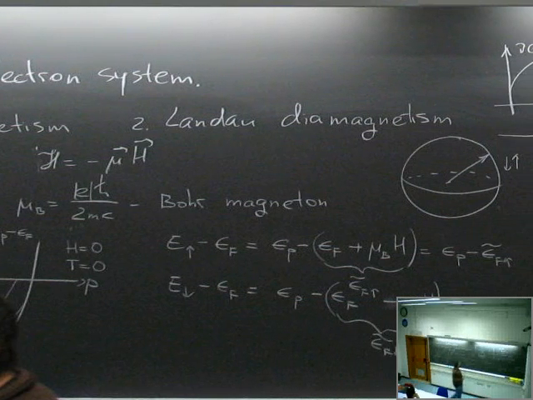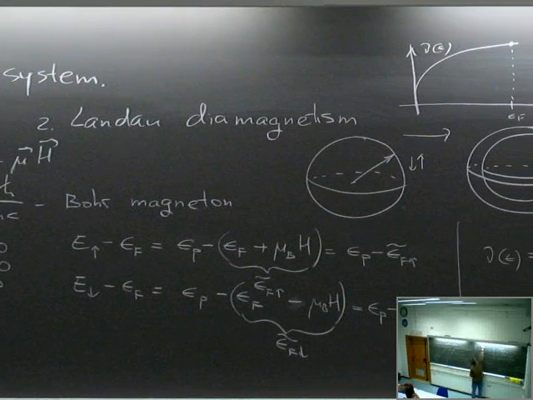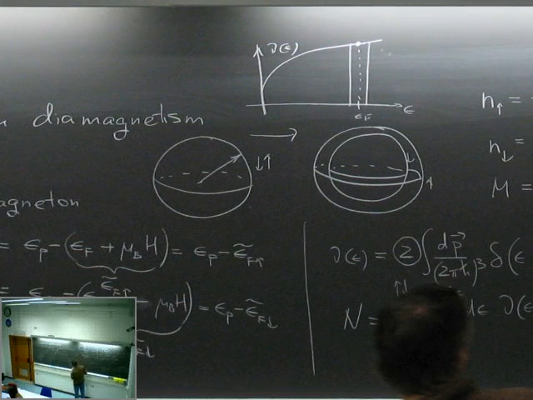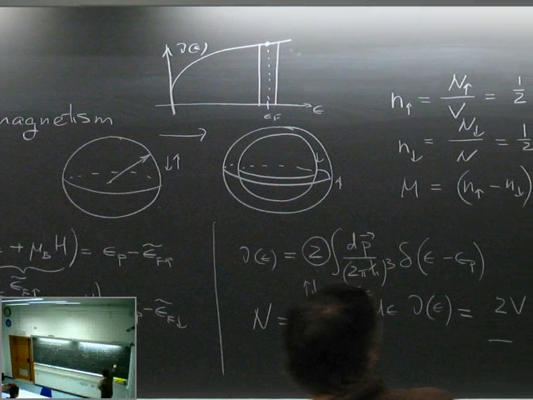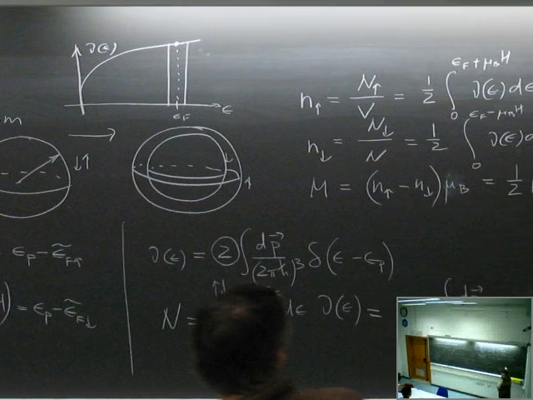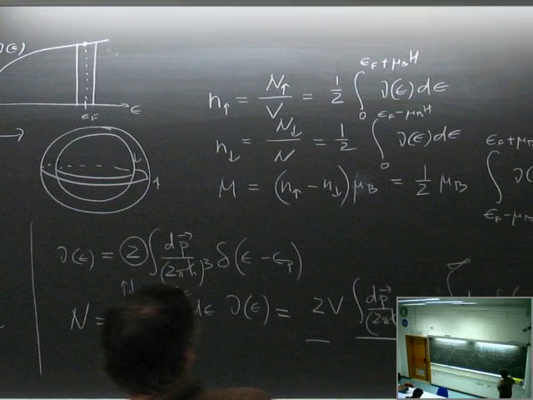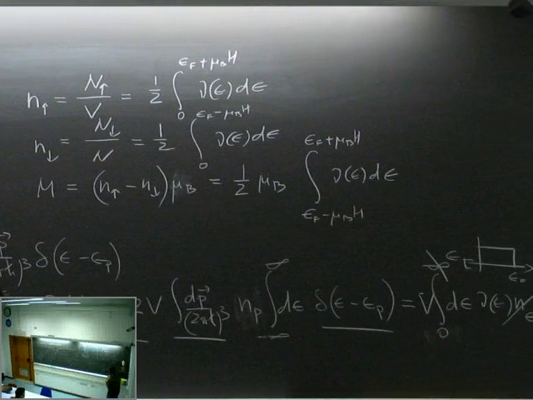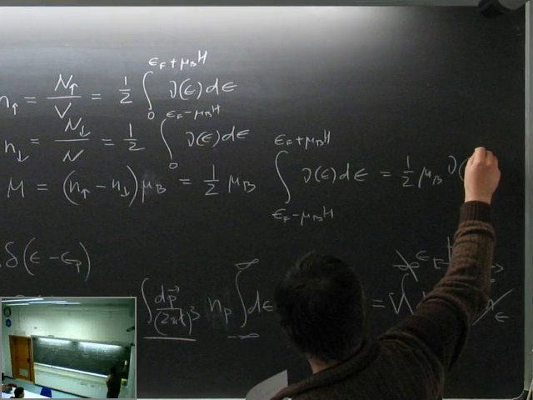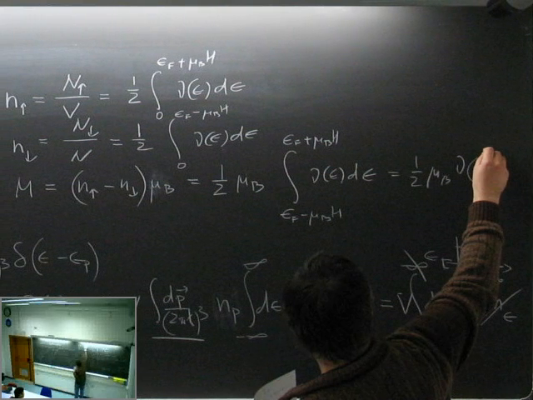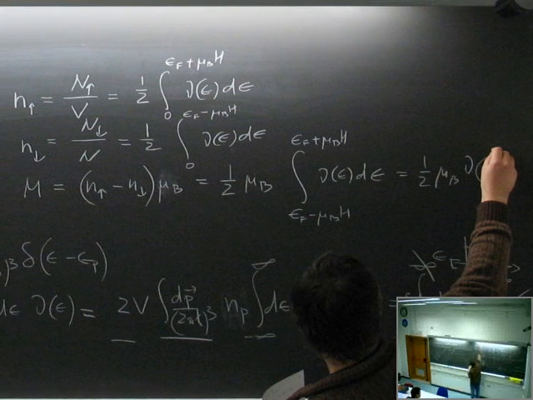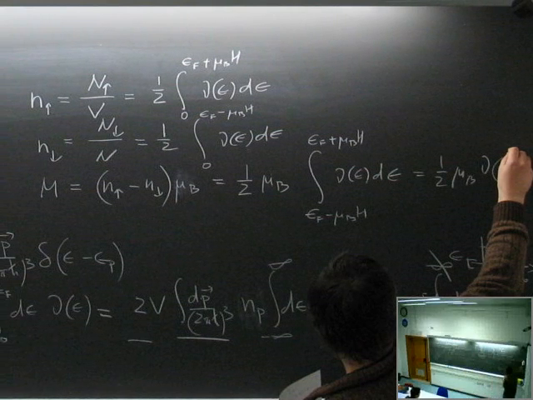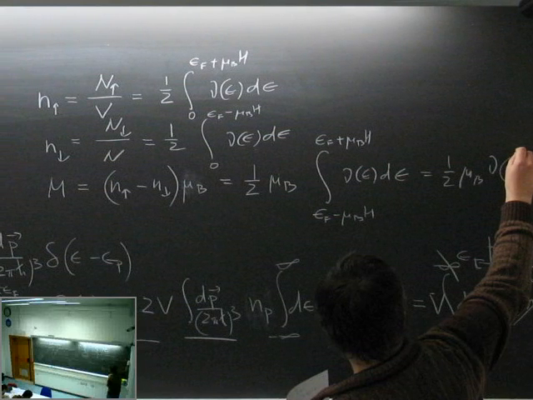Therefore, if we look at this cartoon, we are always in a situation of that sort. Therefore, we can approximate our integral using the theorem of mean value as mu Bohr, and here I will put density of states at the Fermi energy. In this scale, density of states is a constant with very good accuracy, times 2 times mu Bohr h.